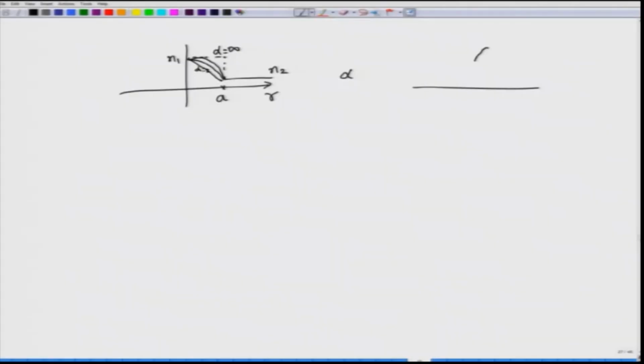If I were to look at a real refractive index profile, you will actually see something like this. There is a central dip because of the manufacturing process, so where it is supposed to be maximum, it is actually kind of minimum in the core itself. So, this is N2 and you can think of this as N1.